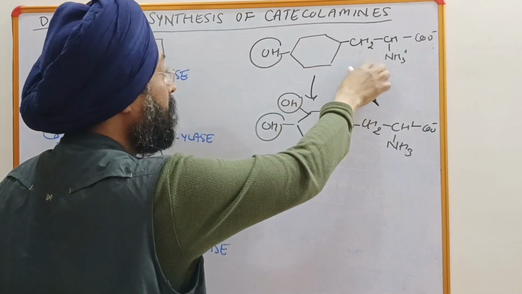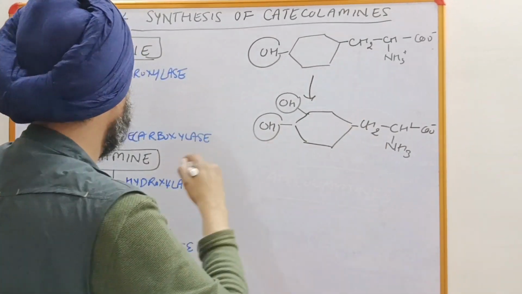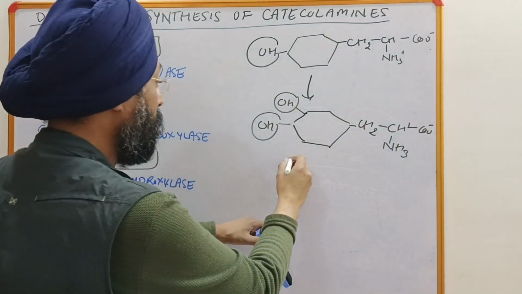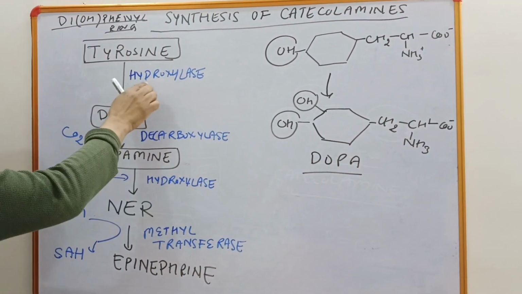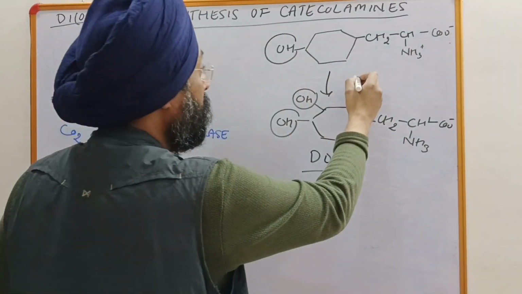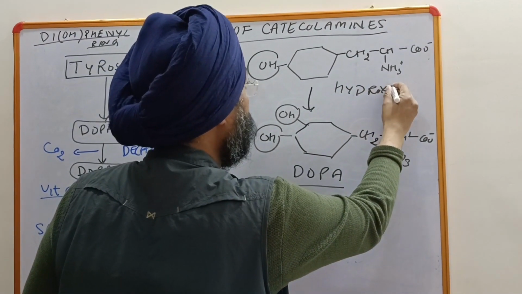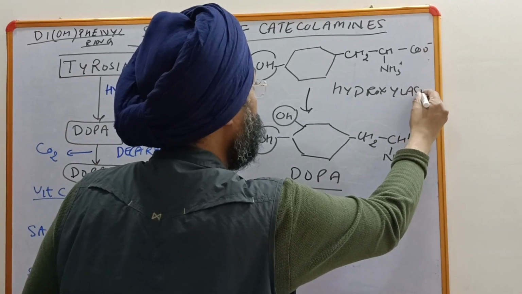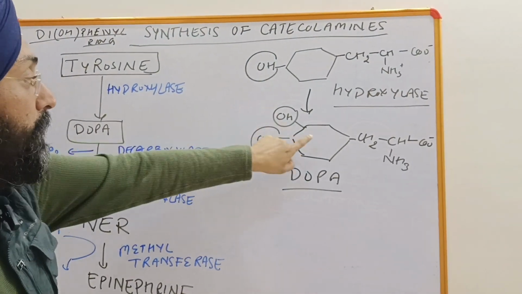Monohydroxyphenylalanine was tyrosine. Now dihydroxyphenylalanine is dopa, right? DOPA. So it is formed by tyrosine hydroxylase. It is a hydroxylation reaction, right? So two hydroxy groups, dihydroxyphenylalanine.